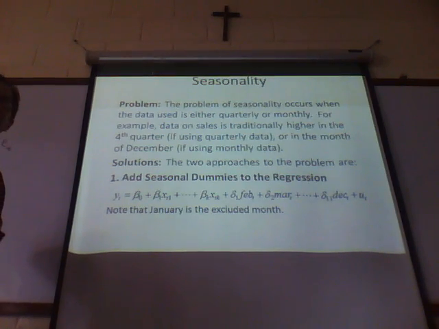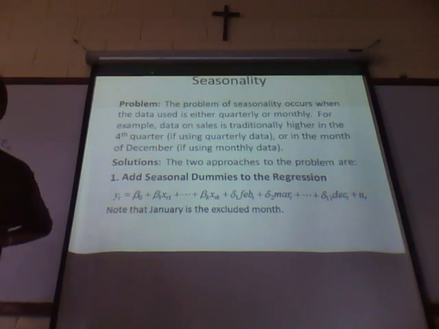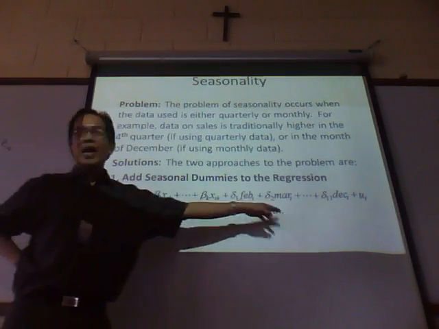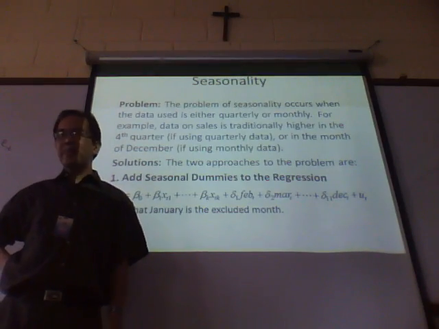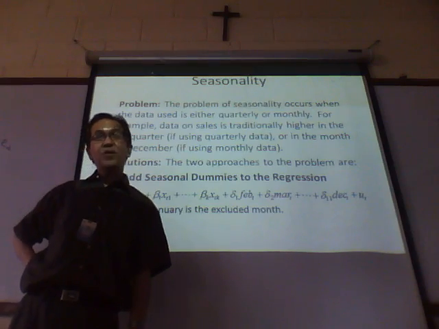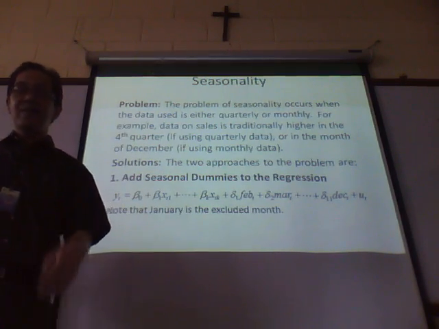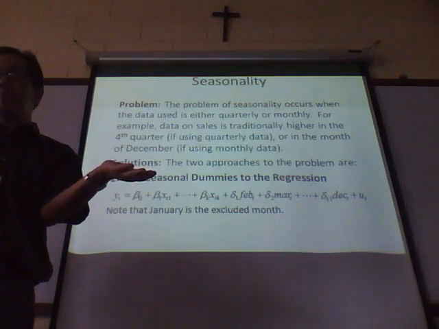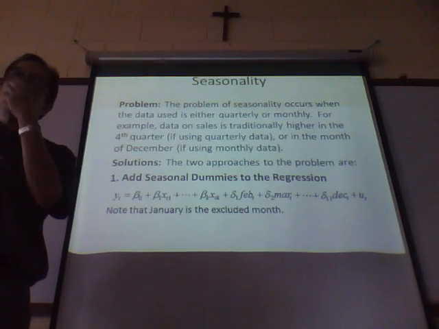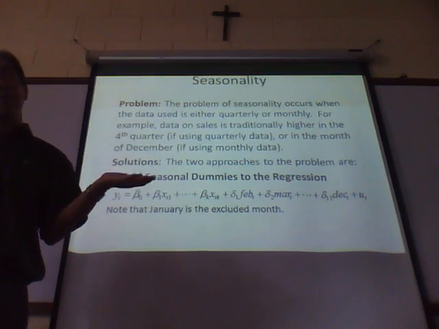Alright, now you might be thinking, so that's a lot of lost degrees of freedom because we just added 11 explanatory variables. Well, yes, it is a lot of loss of degrees of freedom. However, if your data is monthly, you have to have lots of observations. No? So like, monthly data for 5 years is 5 times 12. So you have 60.